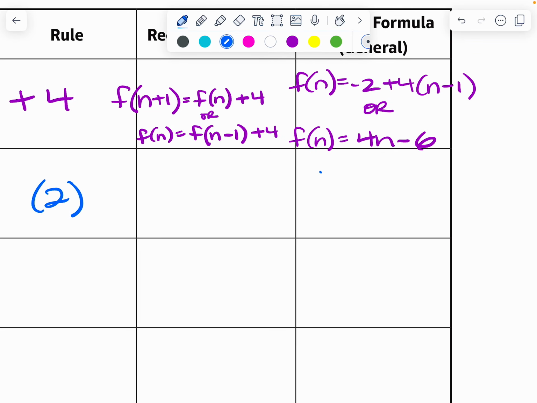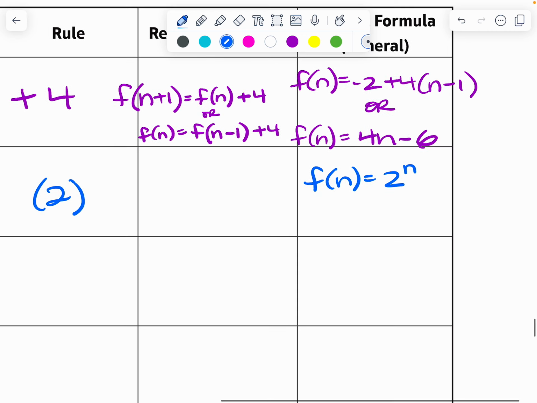All right, so f of n equals 2 to the n. That's our original function. You could also write f of n is 2 times 2 to the n minus 1 before it.